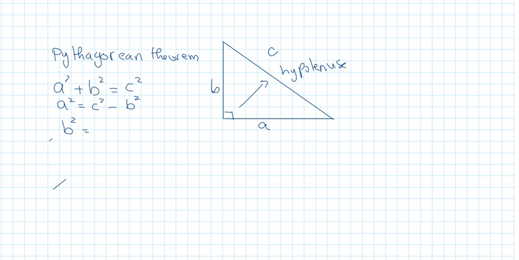So it's C squared minus A squared. Okay? So as long as I know two sides, I can find the third by using one of these three formulas. At the end, whenever you're done, you just square root to find the actual value.